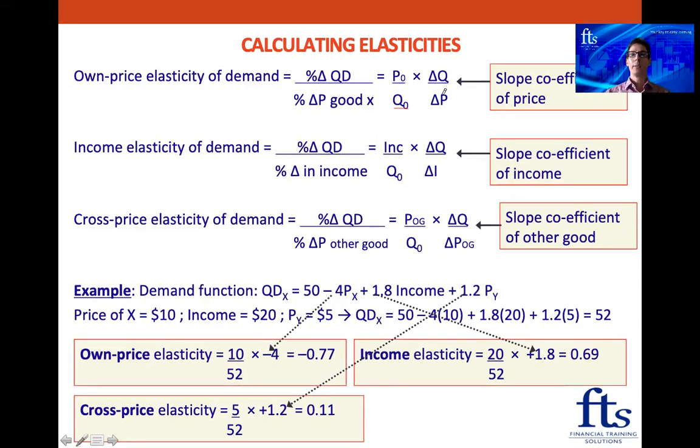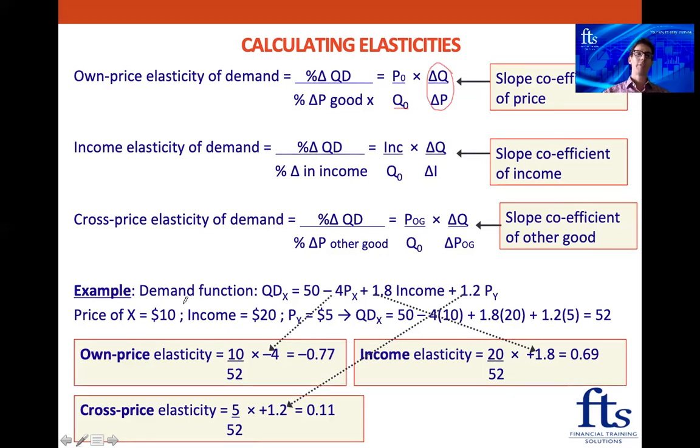And all we do is we multiply that by the change in quantity over change in price. But we don't have to stress because all that is there is the slope coefficient of price. They give that to us in the demand function, and we just take the slope coefficient of price. So we multiply the P over Q by the slope coefficient of price, and that's it. So let's go straight to the example, and we'll come back to the other 2.